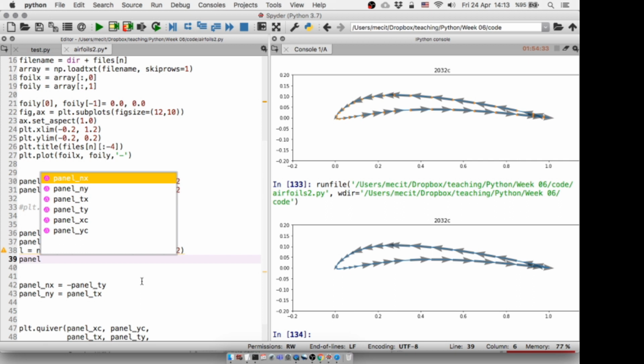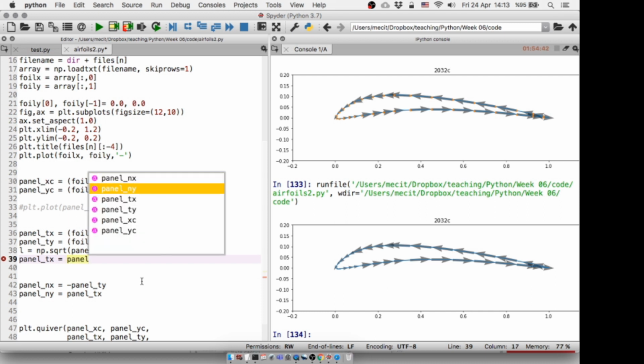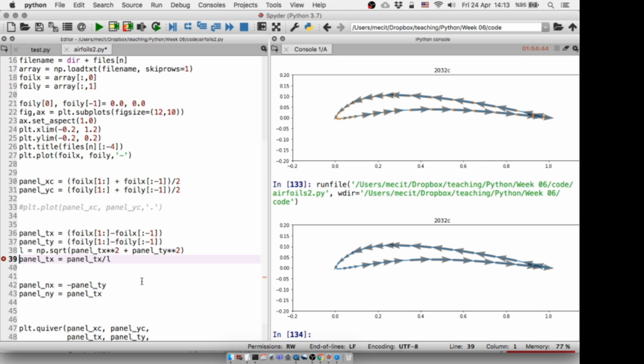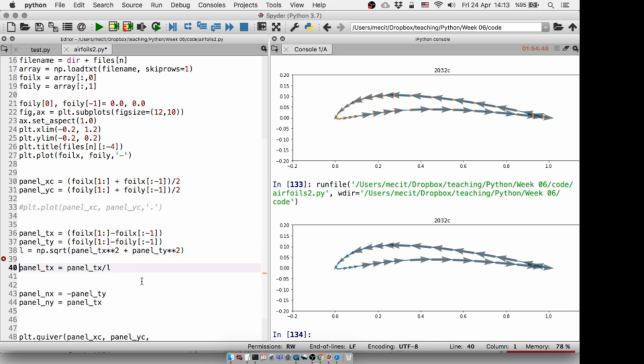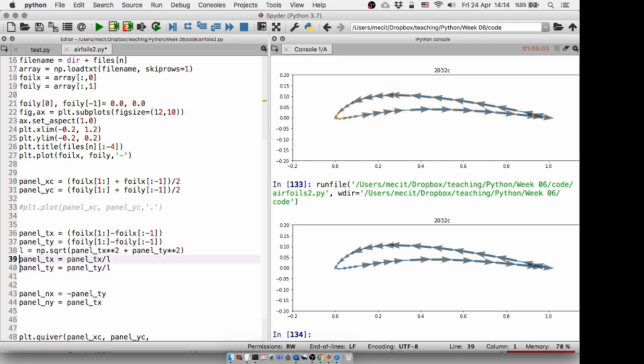If I do this for the tangents, panel tangent x over L, so I am scaling it with its length to get the unit vector. If I do the same for ty, at this point my tangents are all unit, so I am doing the unit vector for the tangents.